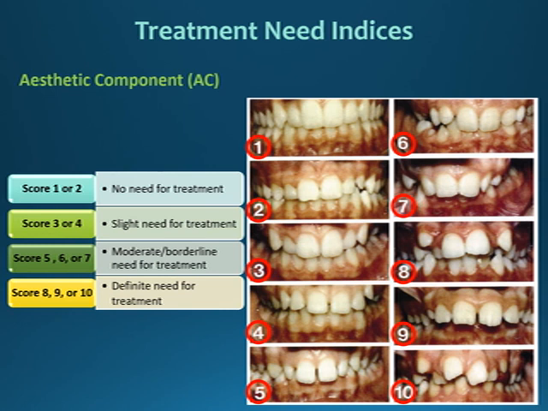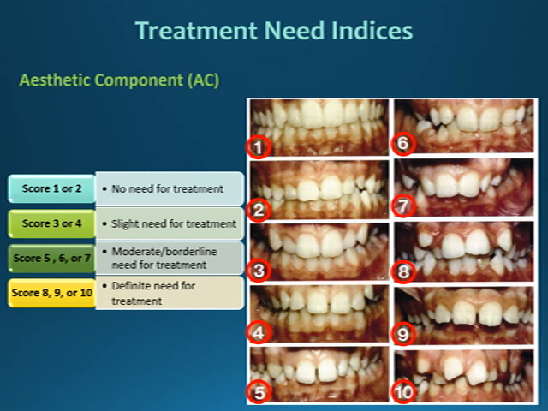IOTN has its limitation when it's applied to the mixed dentition patient, and the aesthetic component can be considered as a subjective assessment. However, the dental health component of the IOTN provides a structured method for assessment of malocclusion.